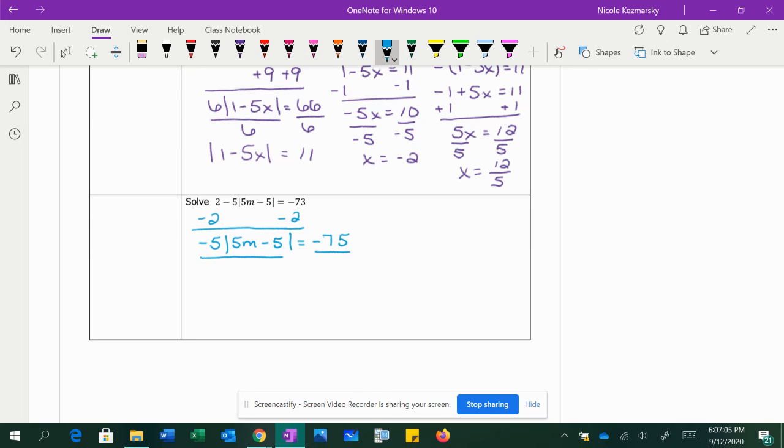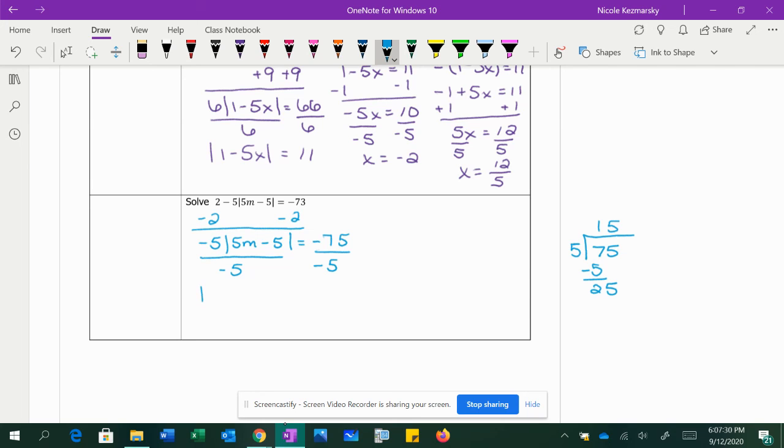Negative 5, I'm going to divide. And I know that it divides evenly because 75 ends in a 5, but if you're not sure, let's do 5 divided by 75. So 5 goes into 7 once to get me 5. Subtracting gets me a 2. Bring down the 5. 5 into 25 goes 5 times.